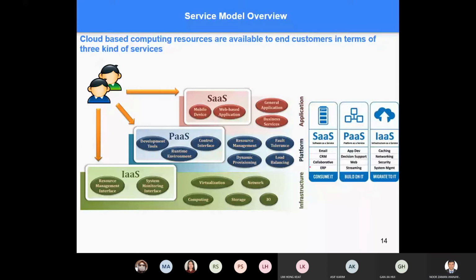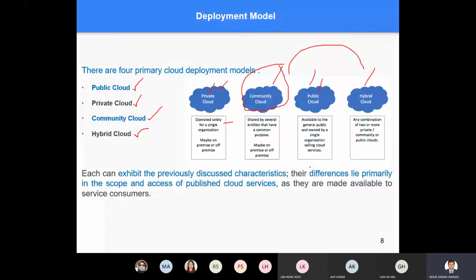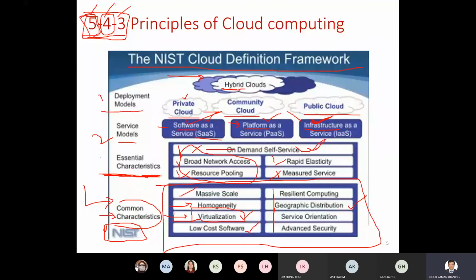Now, you remember that we said there is a concept of 5, 4 and 3. The 5 is done. You remember that 5 is the essential characteristics. The 4 is done. That is the deployment model: 1, 2, 3, and 4. Now, what is the 3?